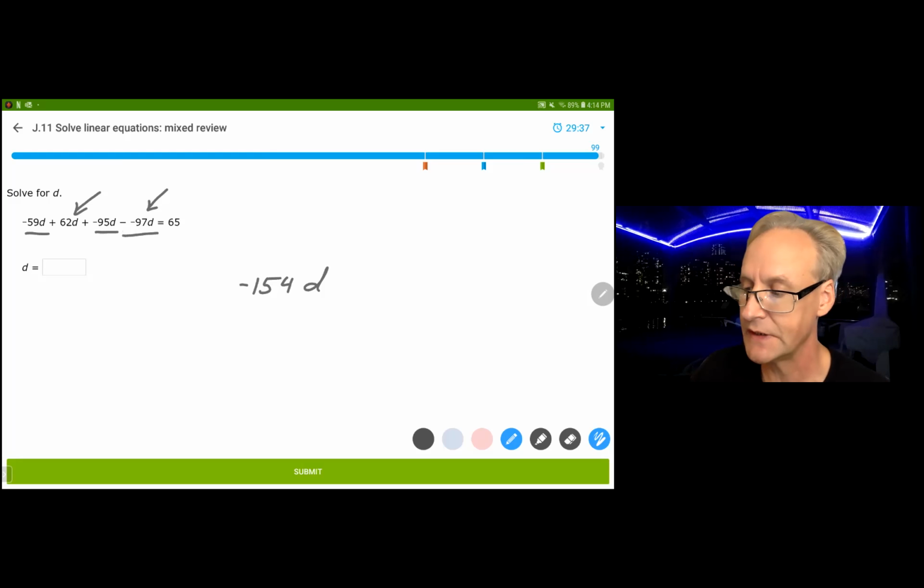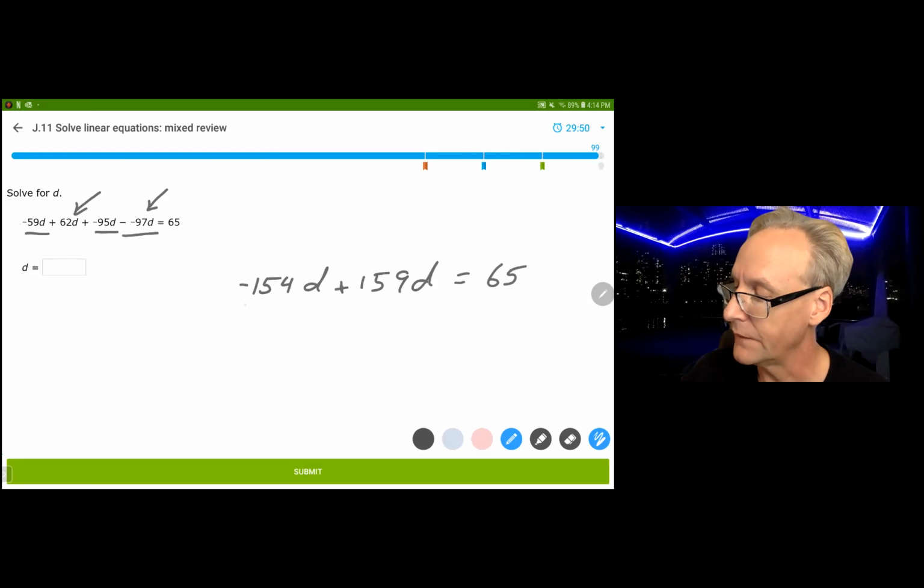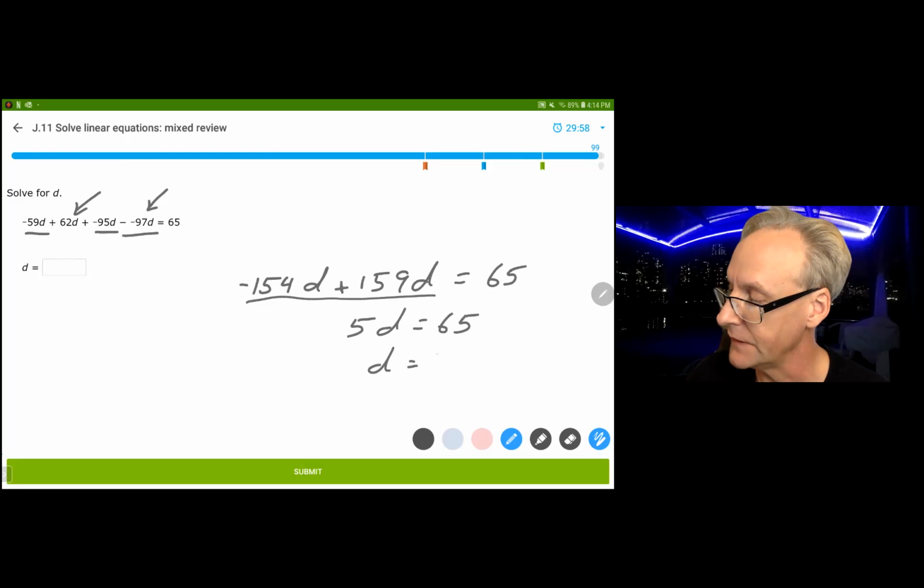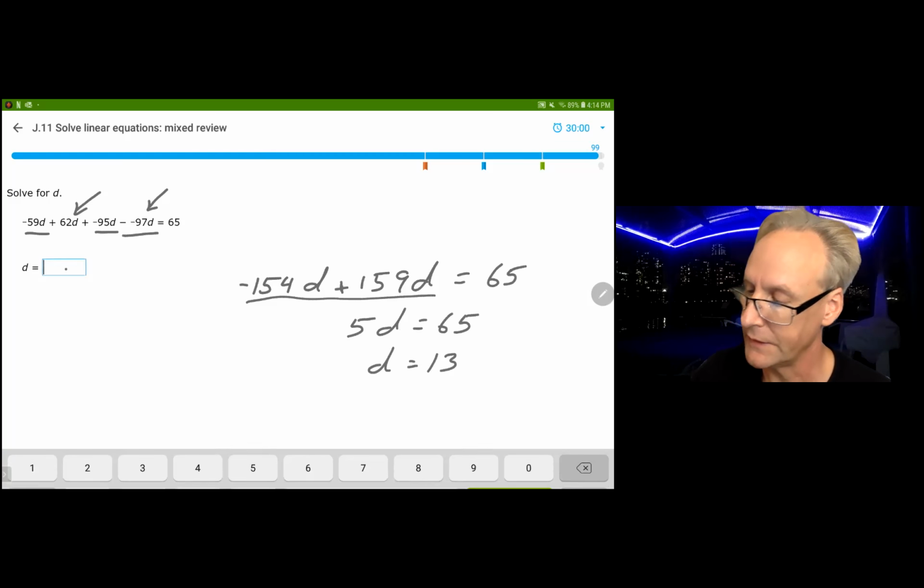See that double negative there? That gives you a problem there. So that's going to be 159D, but it's going to be positive this time. And that's equal to 65, it looks like. Well, the nice thing is when you add those together, you just get 5D. And when you divide by 5, hopefully you know you get 13. And we're all done.